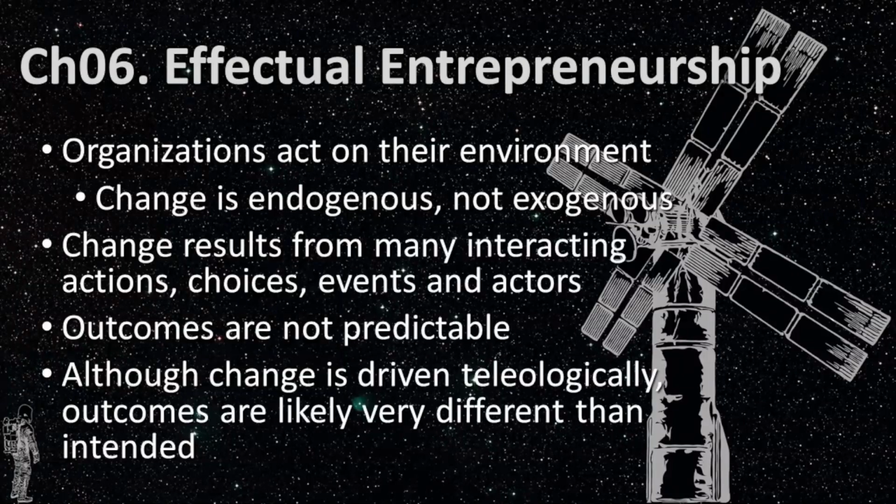Future change occurs because of many actions, choices, events, and actors. Outcomes cannot today be fully determined, fully predicted, fully controlled, or fully anticipated. And even though the model is teleologic in nature, the authors note that change that ultimately is realized in the future will likely be very different from the initially intended change.